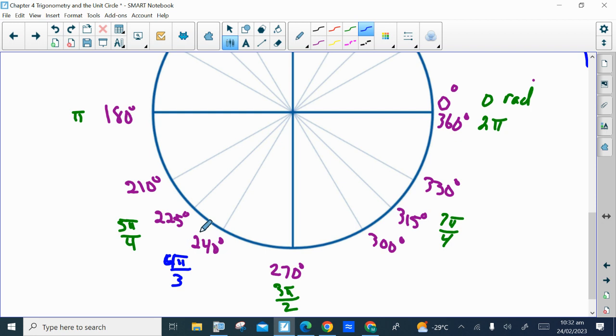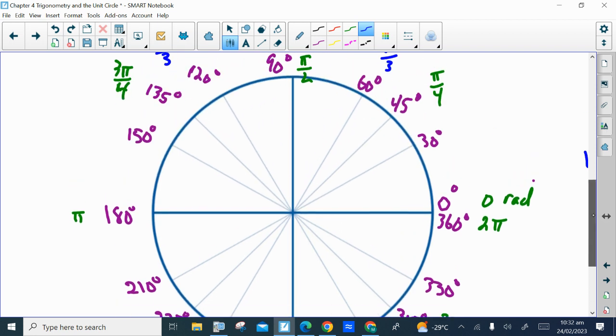So from 240, another 60 would be 300. It's another pi on 3 from 4 pi on 3 takes us to 5 pi on 3. And then another 60 degrees will be 360. That would be another pi on 3. That would be 6 pi on 3s, which is equal to 2 pi. So that's going around the circle in terms of pi on 3s.